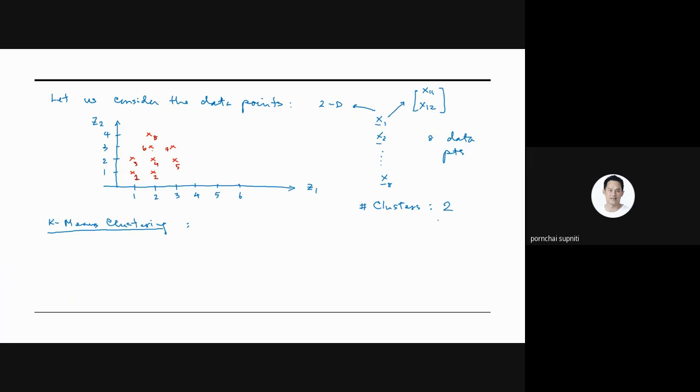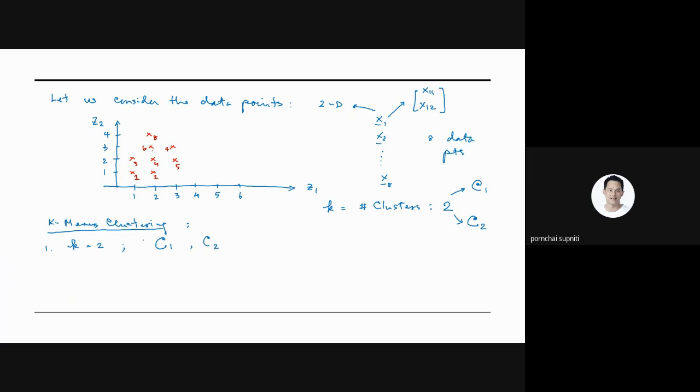So there are 2 clusters, and so let's call the first cluster C1 and the second cluster C2. Okay. So for step number 1 in k-means clustering, first you have to set up the number of clusters. I think last time we set the number of clusters as k, right? So I'm gonna write down k is equal to 2, and we have cluster 1, cluster 2.